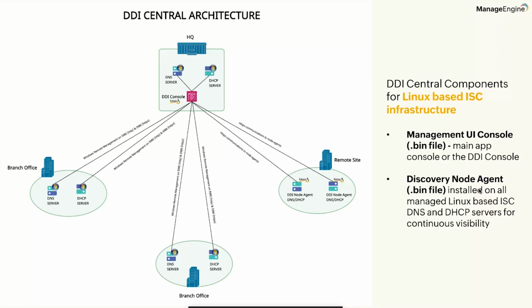Only with this Discovery Node Agent will these servers be able to communicate with the central server, and the central server will be able to make changes. It will frequently communicate with these servers, and it can push over all those configurations that you make via the management UI console to the onboarded servers.